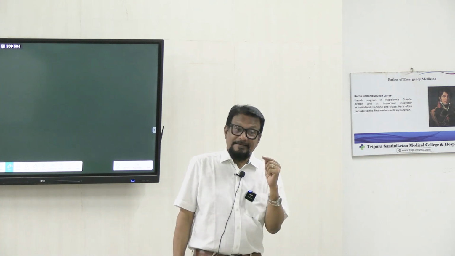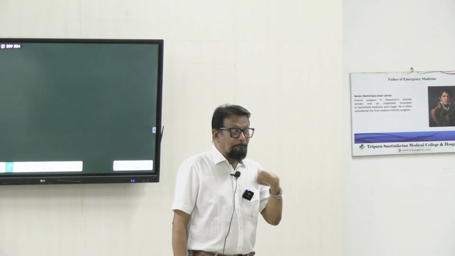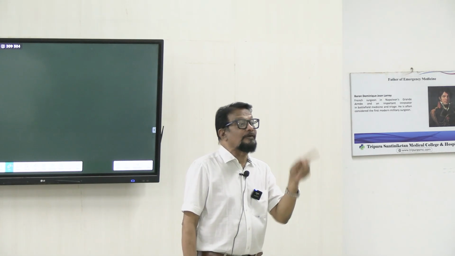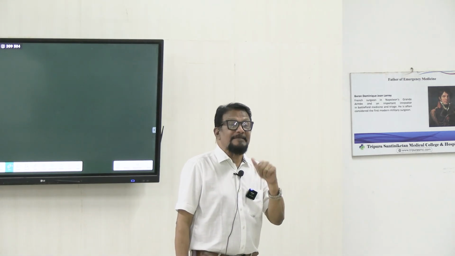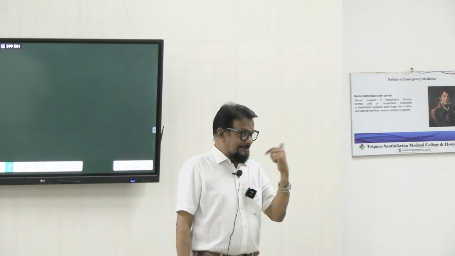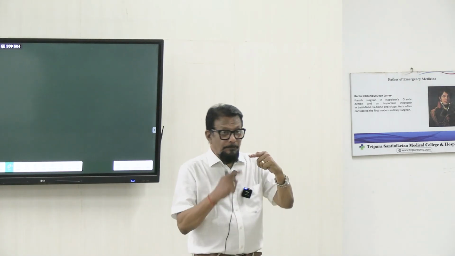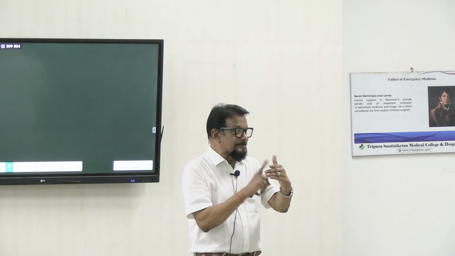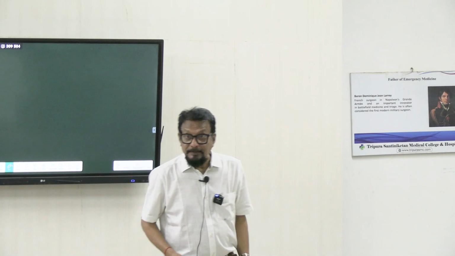Now this renin enters the blood, and in the blood plasma there are a lot of globulins. One variety of globulin is alpha-2 globulin, which is nothing but angiotensinogen. So now this renin will convert angiotensinogen into angiotensin 1.